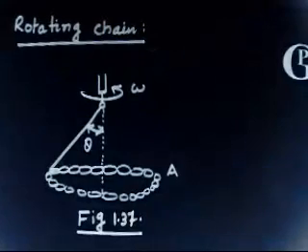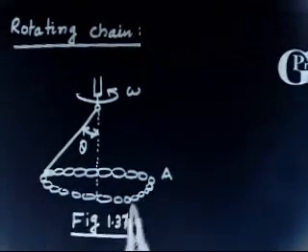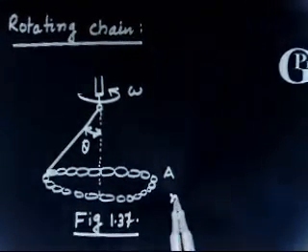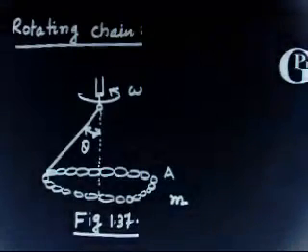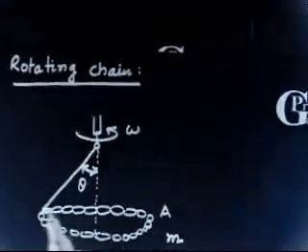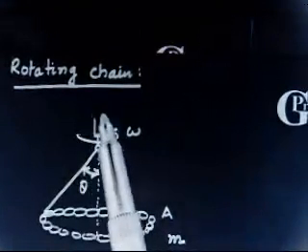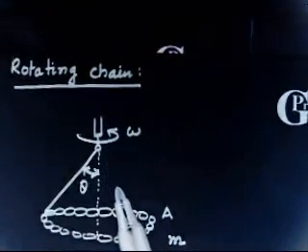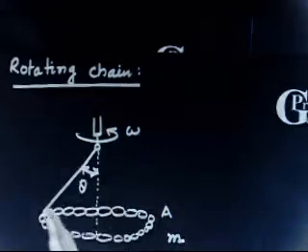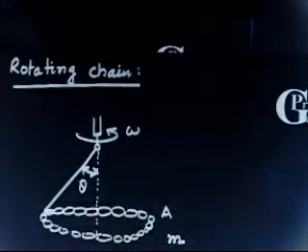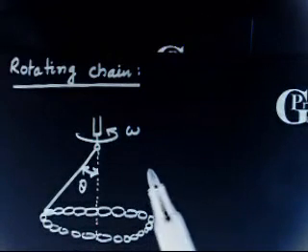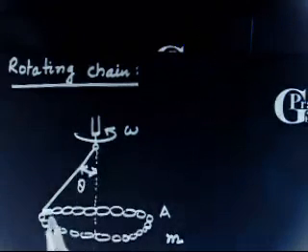So what this question says: a closed chain A of mass m, so mass of the chain is given to you as m, is attached to a vertical rotating shaft by means of a thread and rotates with a constant angular velocity omega.